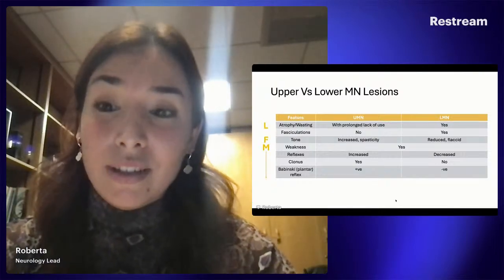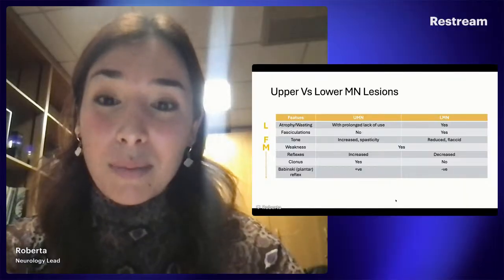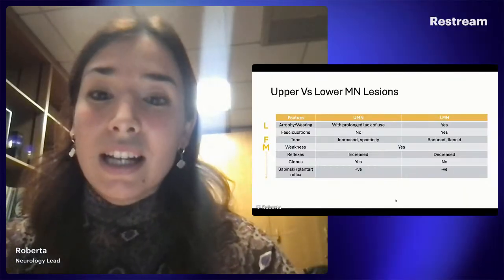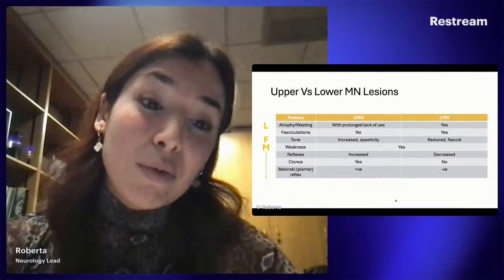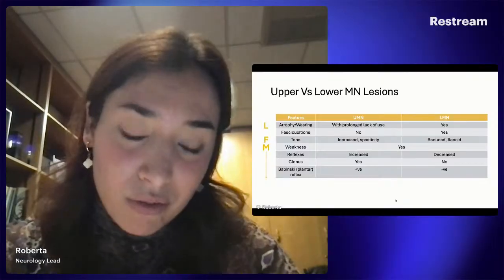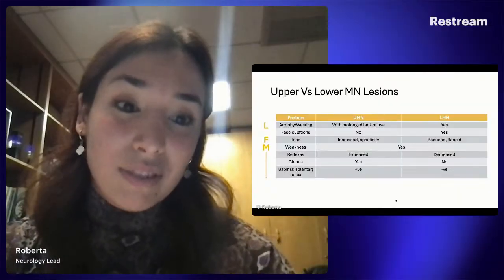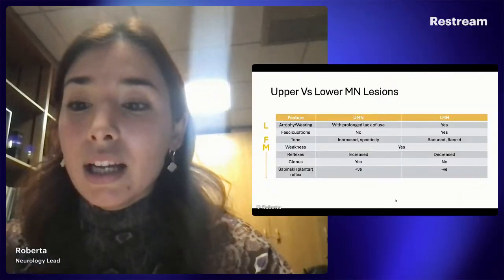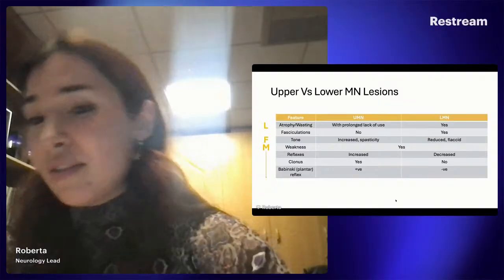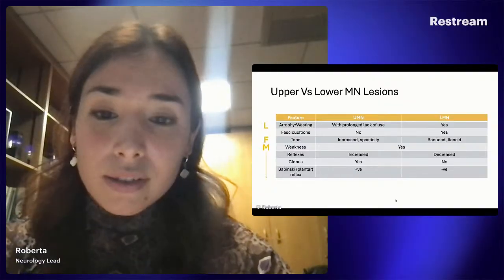Reflexes, for the same reason tone is increased in upper motor neuron lesions, will be increased, and will be decreased in lower motor neuron lesions, for the same reason the tone is reduced and we get flaccidity. Similar to reflexes is clonus.